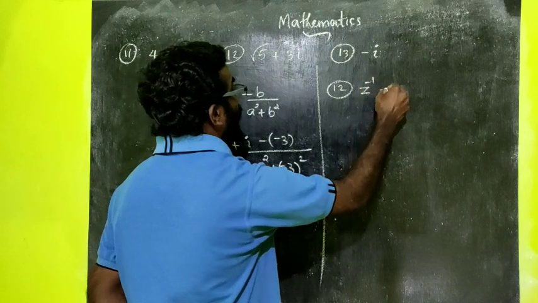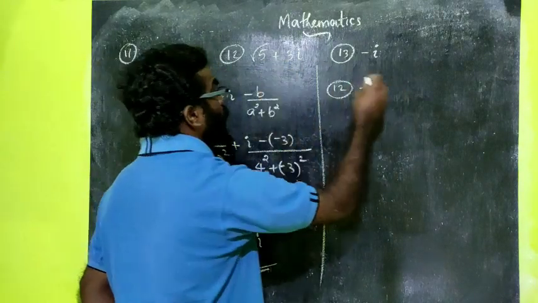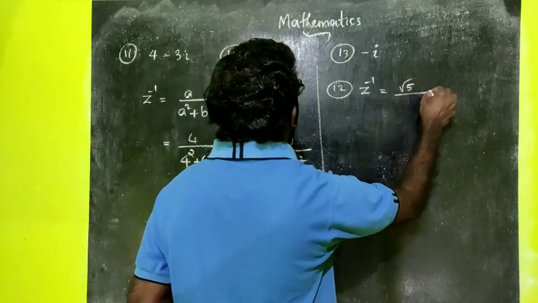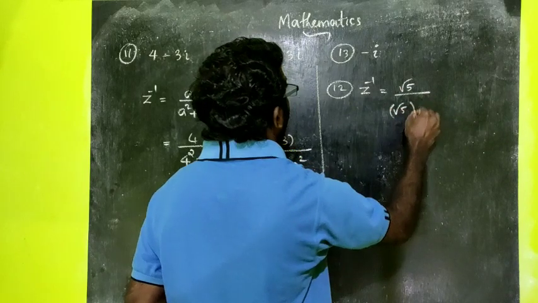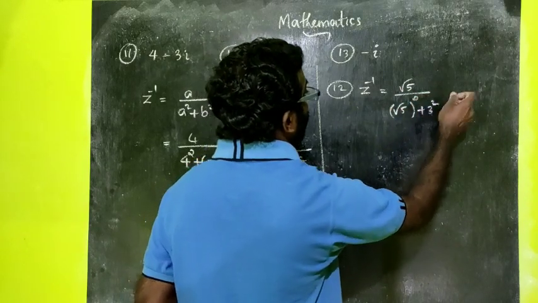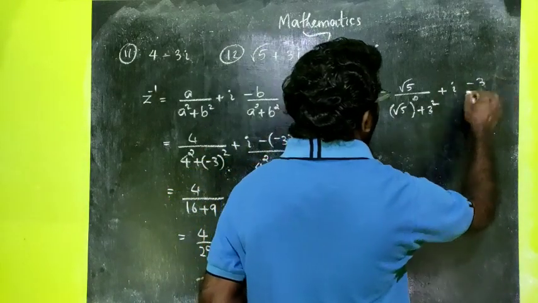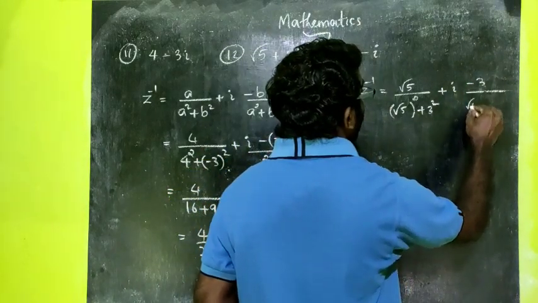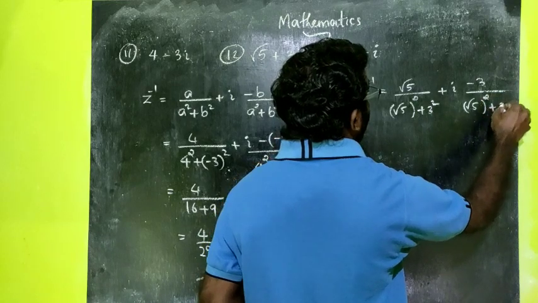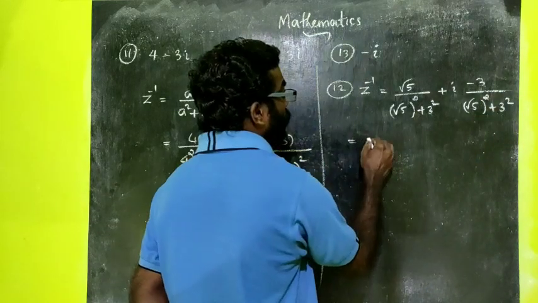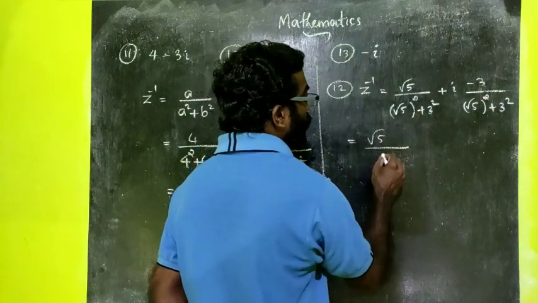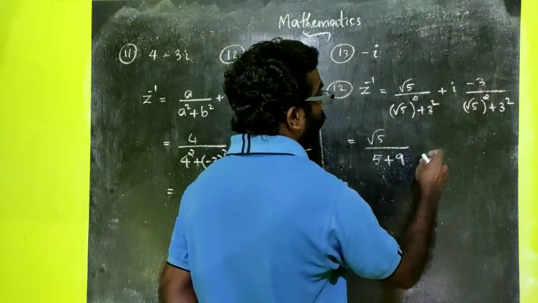Now the second one is z inverse is equal to here a is root 5. So root 5 by root 5 square plus 3 square plus i into minus b, that is minus 3 by root 5 square plus 3 square. That is root 5 divided by root 5 square is 5, 5 plus 9.